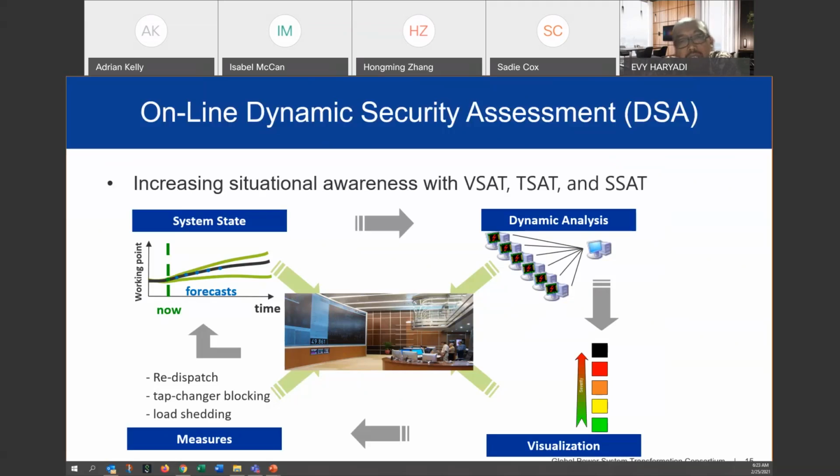It makes a lot of constraints in our power system. We also need dynamic analysis in our system to give the dispatcher a good decision support system. We need a good visualization for them to counter all the problems in the system. Next.